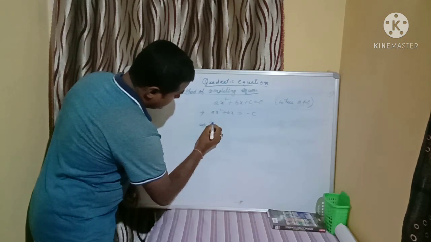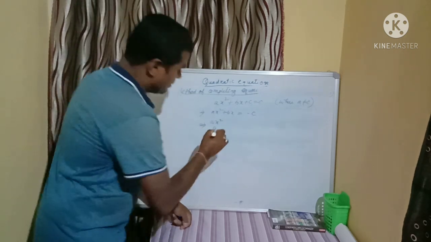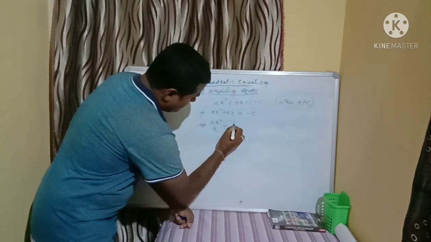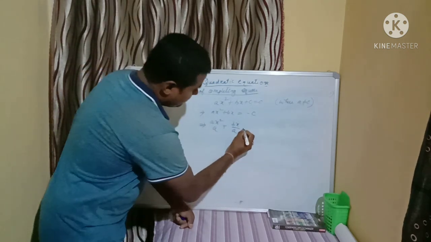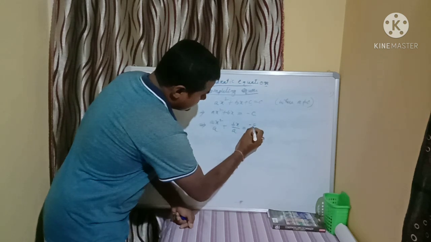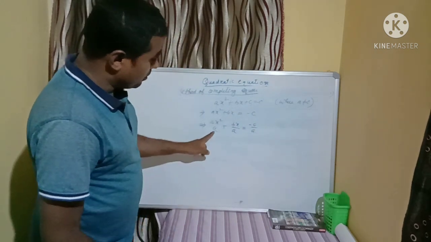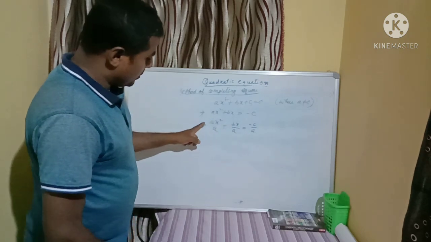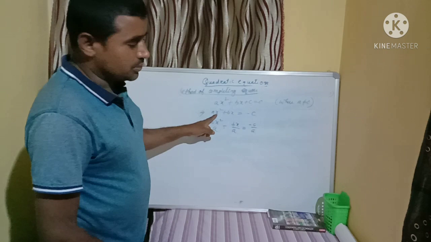ax square divided by a plus bx divided by a equals minus c by a. In this step, what have we done? We divide both sides by the coefficient of x square.